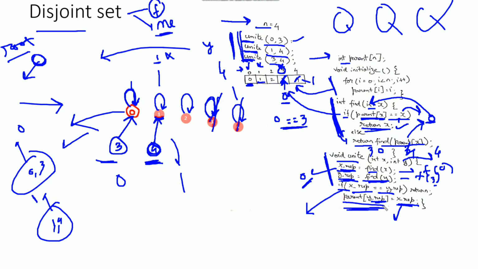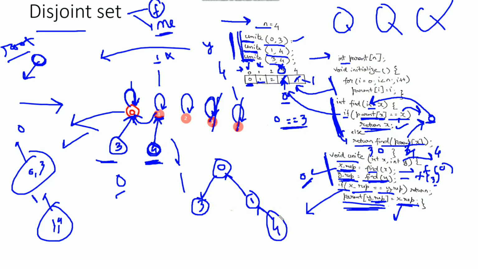It means that I will make x representative, which is 0, the parent of y representative. So I will connect this with this, and a tree will form like this. This is 3, this is 1, and this one is 4.